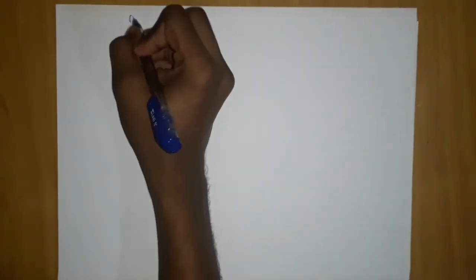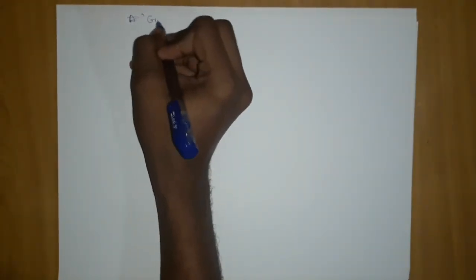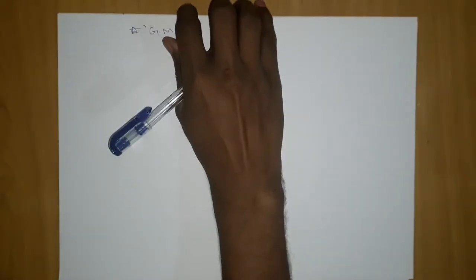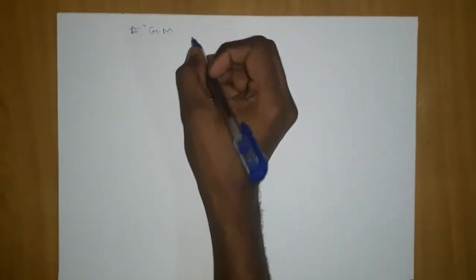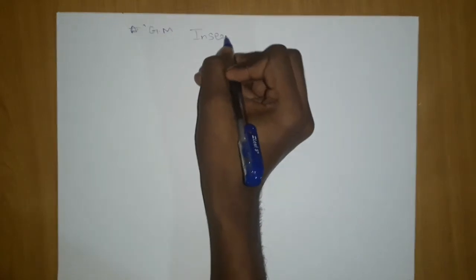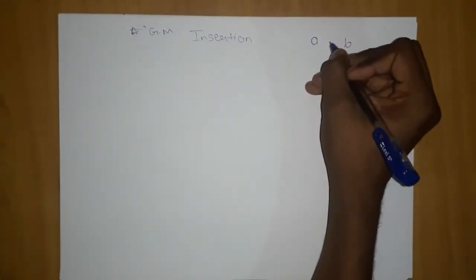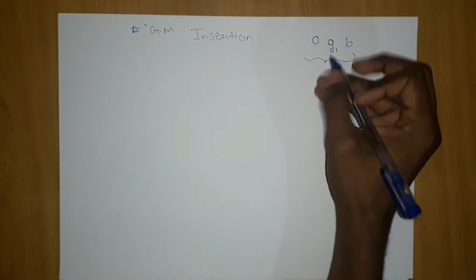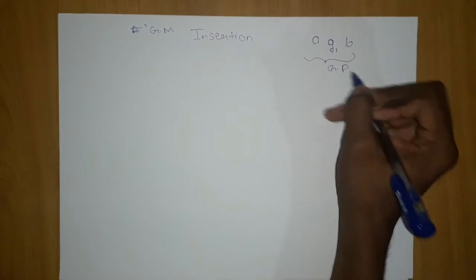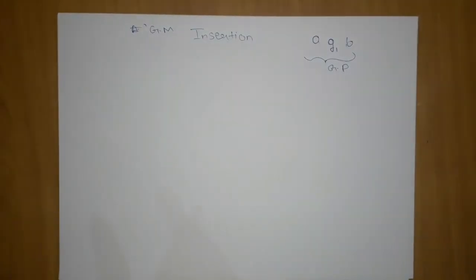Now how we insert GM, like in AP. Now we will discuss GM insertion. Now if there are two terms A and B, and I want to insert a GP, G1, then when you insert GMs between two numbers, the numbers automatically form a GP.